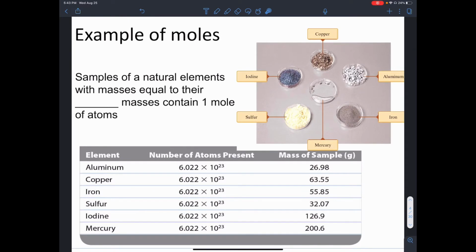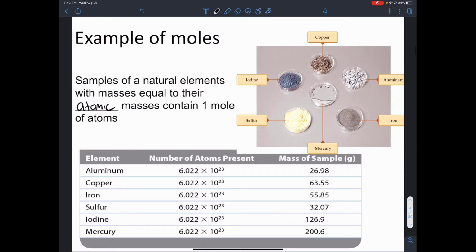So this image actually has samples of natural elements with their masses equal to their atomic masses, and each one of them contains 1 mole. So for example, this sample of copper at the top is weighing 63.55 grams.